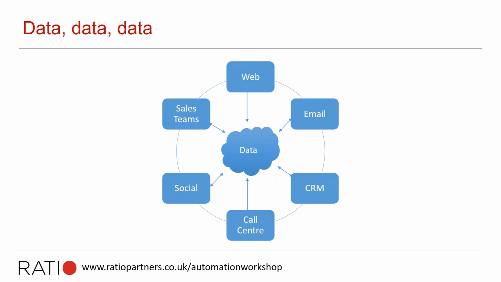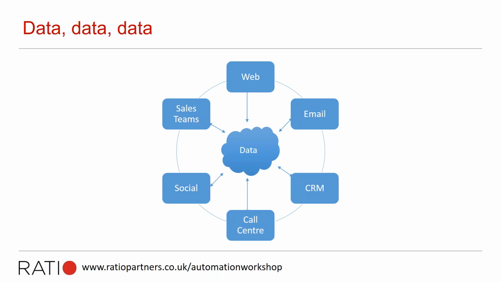Data. We're going to cover quite a bit on data, but data is super key to marketing automation. Data is what powers, I suppose, any type of marketing project. The ability to understand your consumers' interests and to extract actionable insights and optimize experience is what enables you to run a successful program. But it's not just web analytics data.